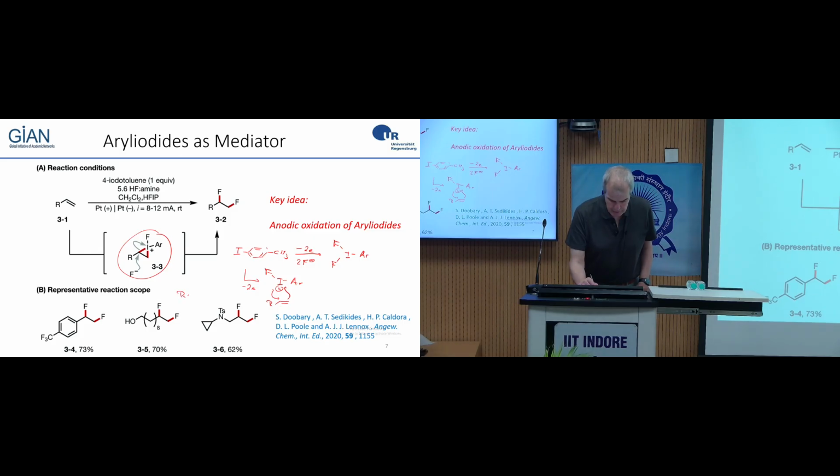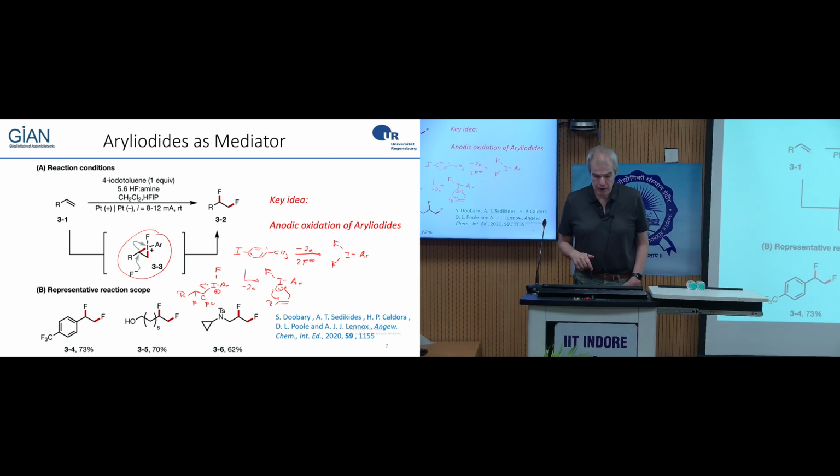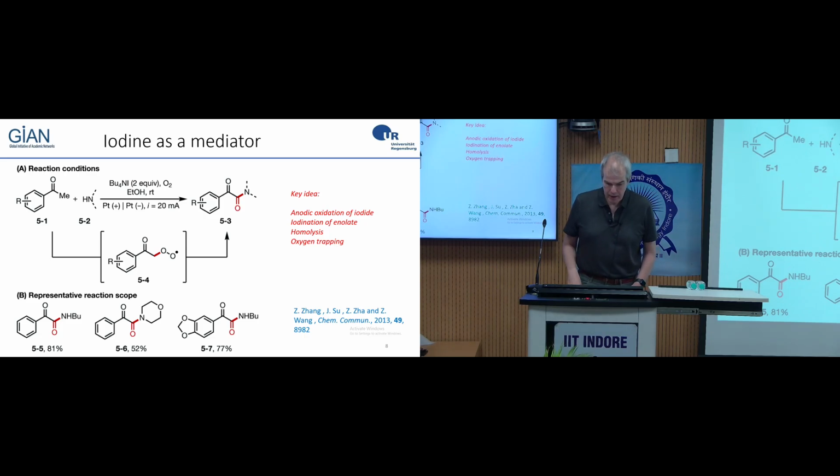So the first fluorine attacks here, and then you still have the aryl fluorinated compound like this. And if a second fluoride is displacing this, then you have accomplished the difluorinated compound. And again, if you think about this, there are very few alternatives, if any, to achieve this type of transformation. I think this is really a fantastic example which shows you what you might be able to do.